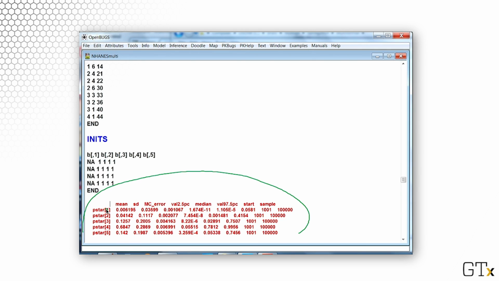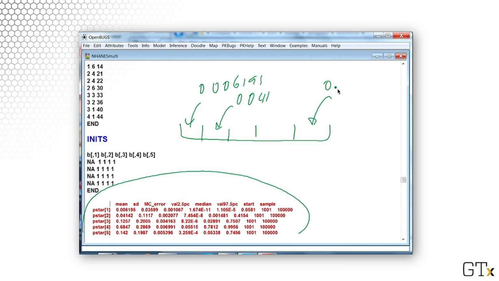That means that a subject with these covariates will select category 1 with probability 0.006195, category 2 with probability about 4%, category 3 and so on and so forth, and the last category 5 with probability 14.2%. This should sum up close to 1 and essentially predicts the probabilities, for any subject with given covariates, of selecting different categories from the K categories.